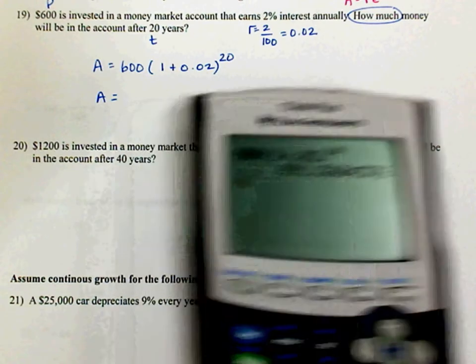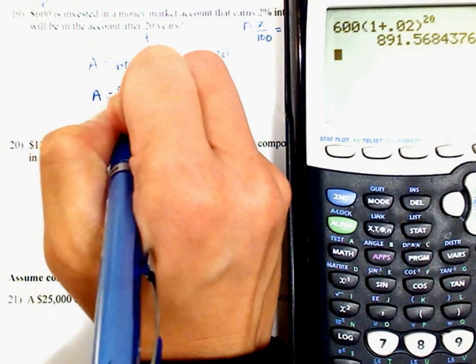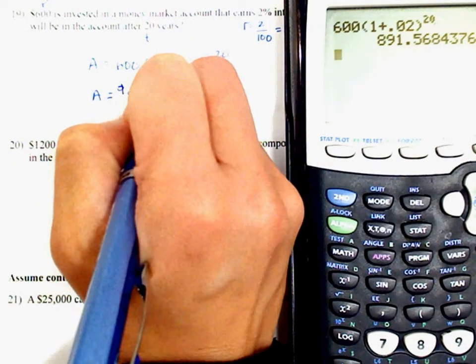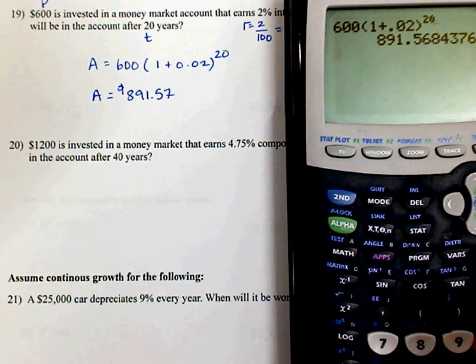So in 20 years, I started off with $600, and now I will have $891.57. Round correctly, please. So there you have that one. That's not bad. You made $291, and all you did was sit there, starting at $600. You didn't add any more to it.